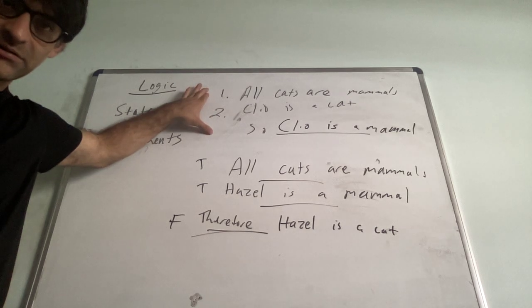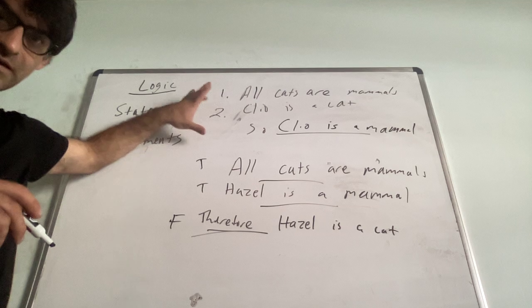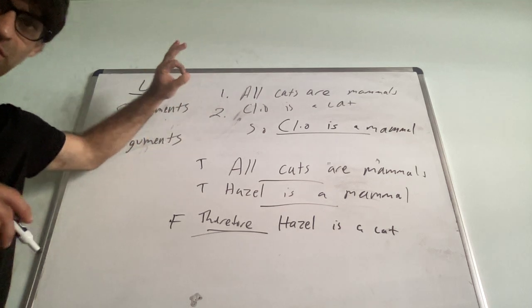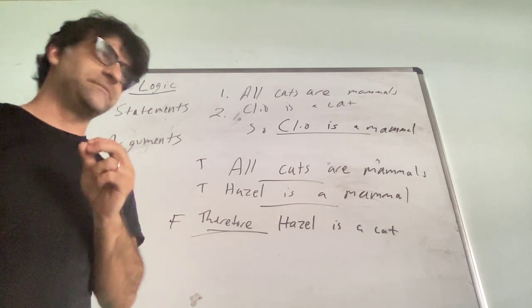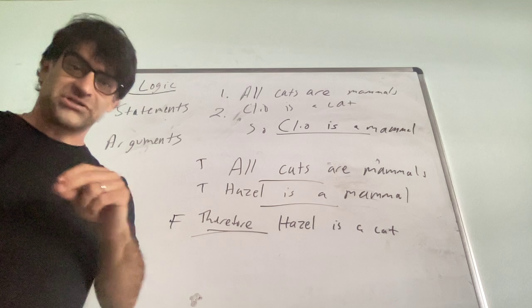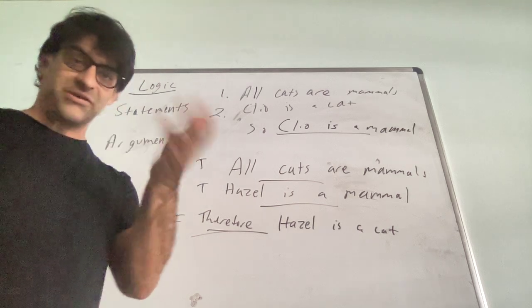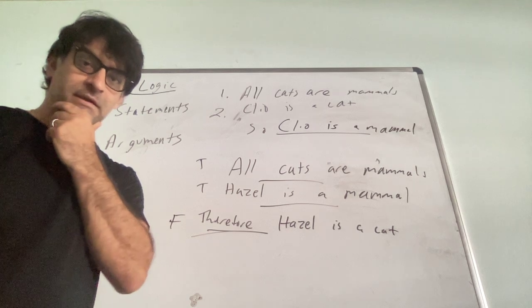The key difference is that this argument is what we'll call valid. You're going to have to learn how we use the term valid, because in ordinary speech we use it in a slightly different way.